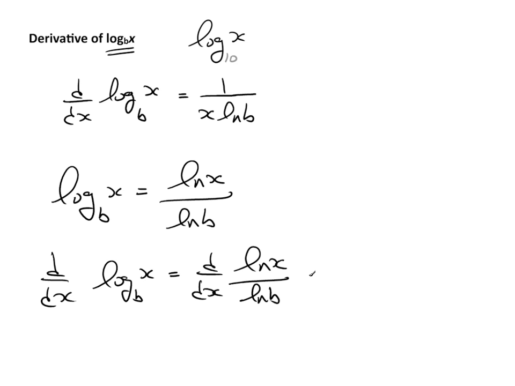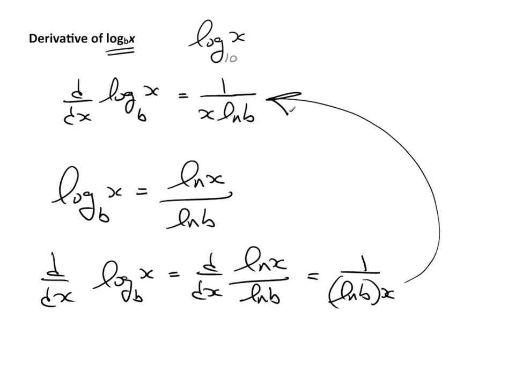So this is going to be 1 over ln b times x, which is what I claimed it was up here. But when you actually change the base, go from log base b of x to the natural log, base e, this is the change of base formula. Now just take the derivative of this, and bam, that easy, you're there.